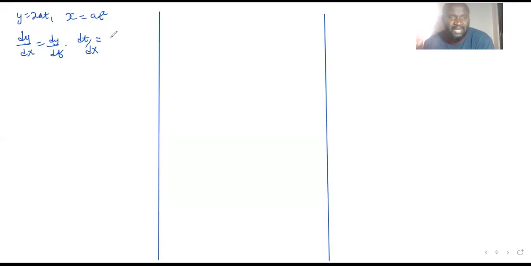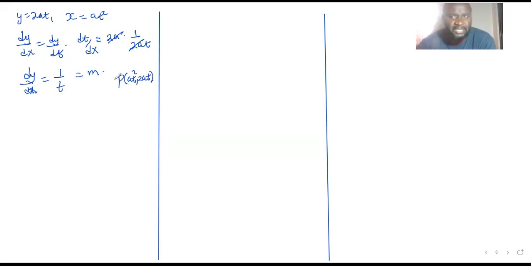So dy/dt becomes 2a, times dt/dx, which is going to be 1 over 2at. The gradient function becomes 1 over t, which is the same. So this becomes your m. Now the point, remember, P is at squared, 2at. How do we get the equation of a line, which is our tangent?